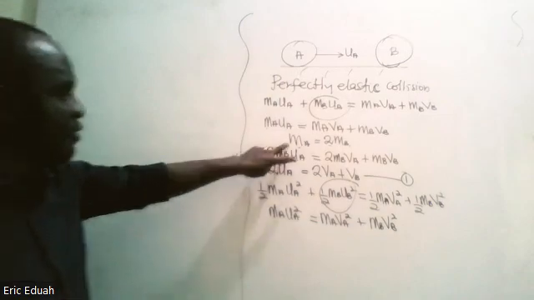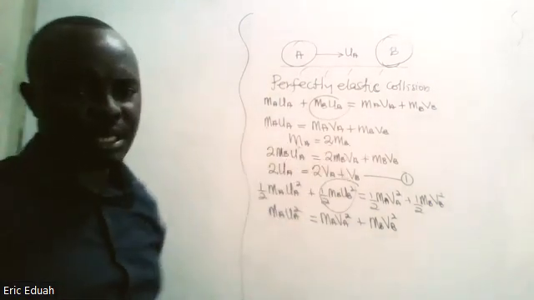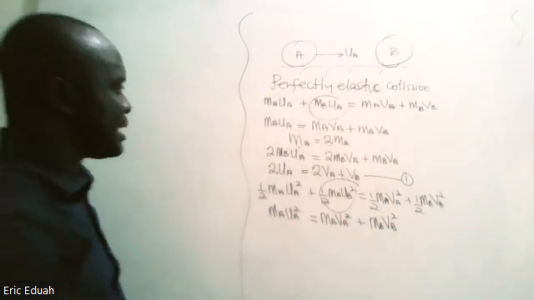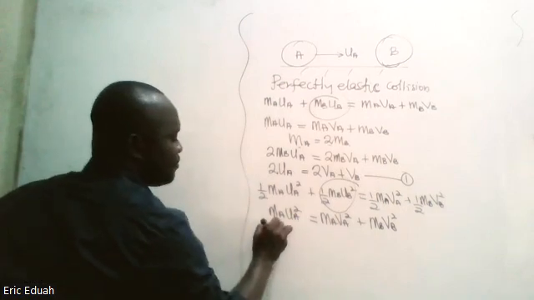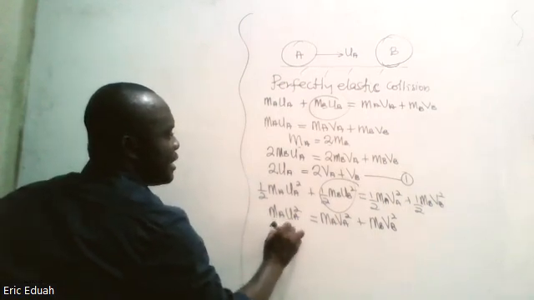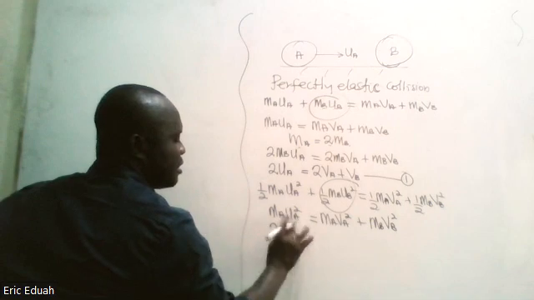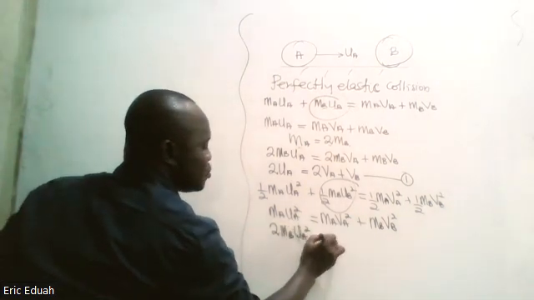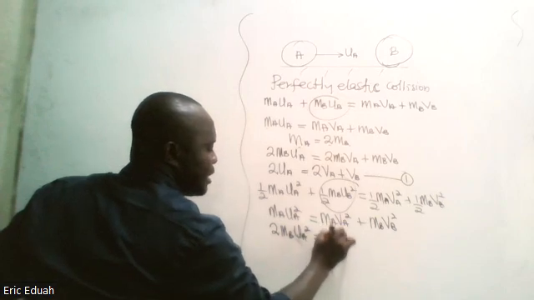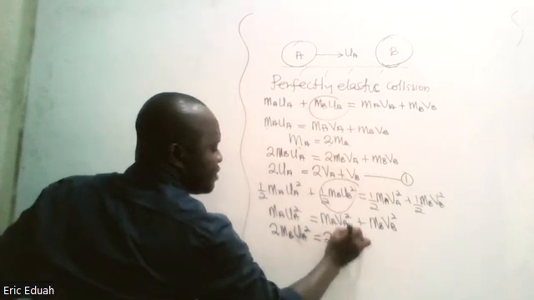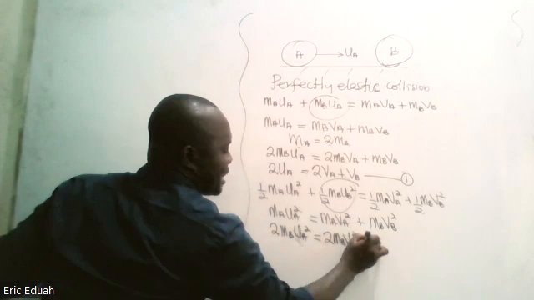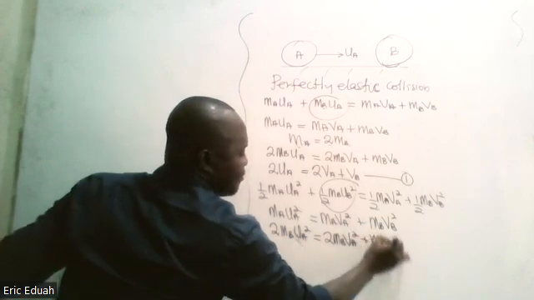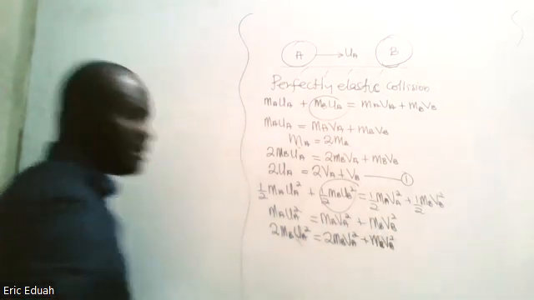I'm told mass of A is twice mass of B, so I substitute that as well. So I have 2 MB UA squared is equal to 2 MB VA squared plus MB VB squared.